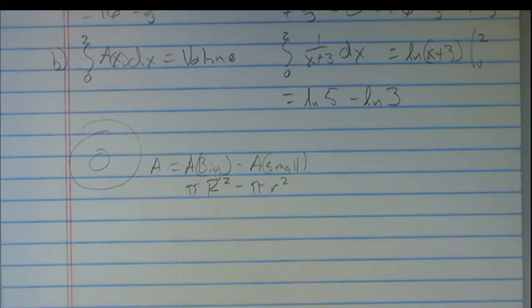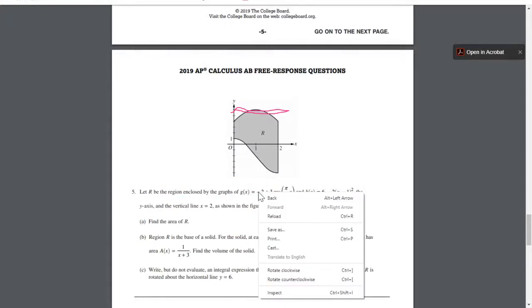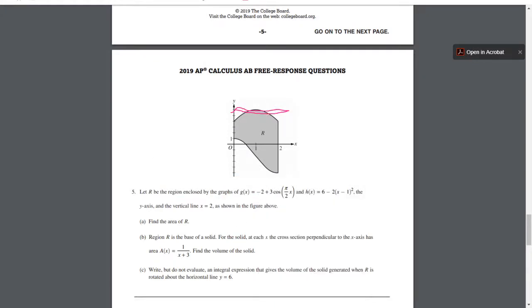In our drawing now, we have to keep in mind which one is the top and which one's the bottom. This bottom one is g, I cannot write with a mouse, and the top one is f.